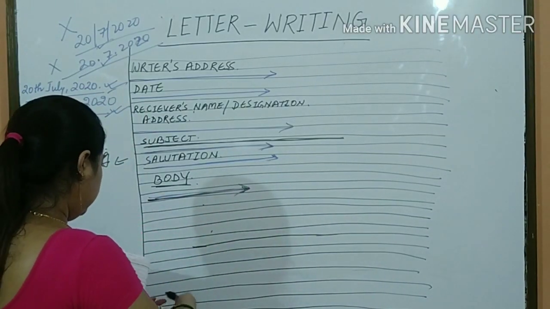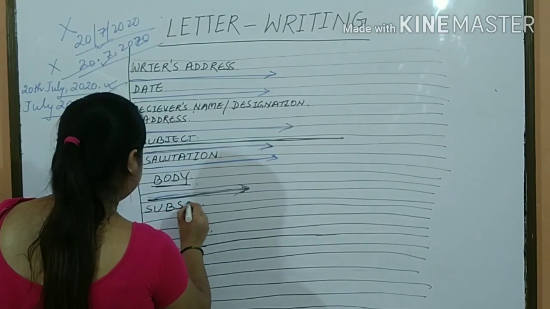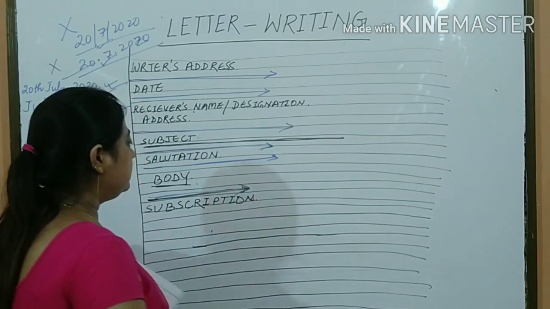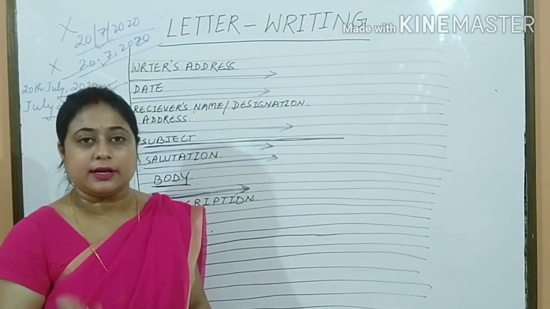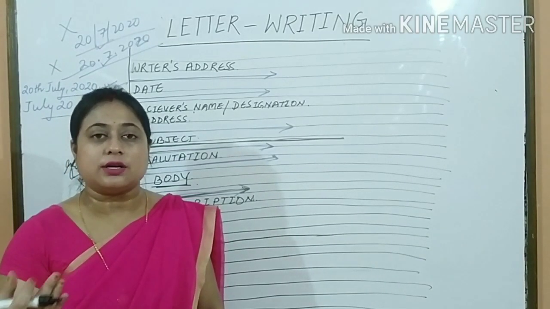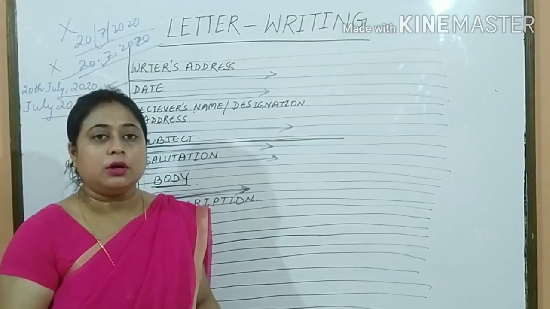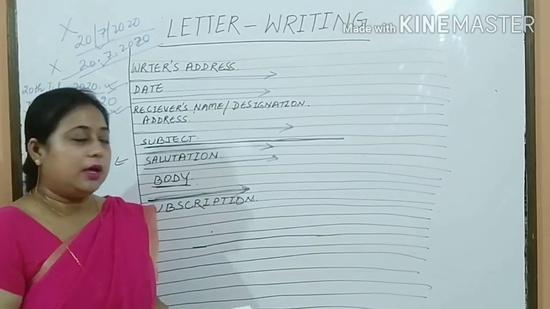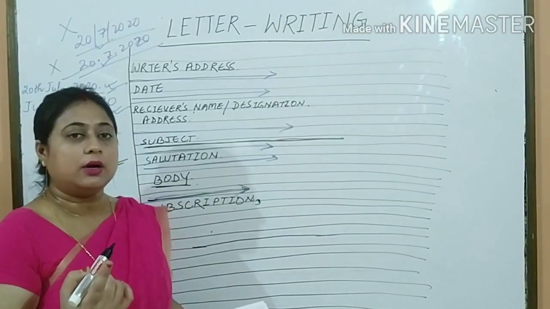After leaving the line, here comes your subscription. So what is subscription? It is how you end the letter. How you end your letter is called the subscription. You write yours thankfully, yours sincerely, yours obediently. So these all fall under subscription, and subscription is followed by a comma. And what else is followed by a comma?